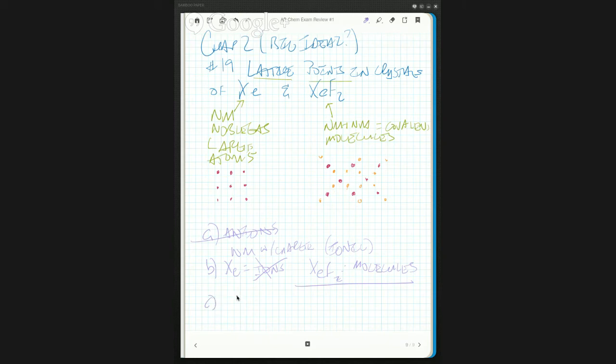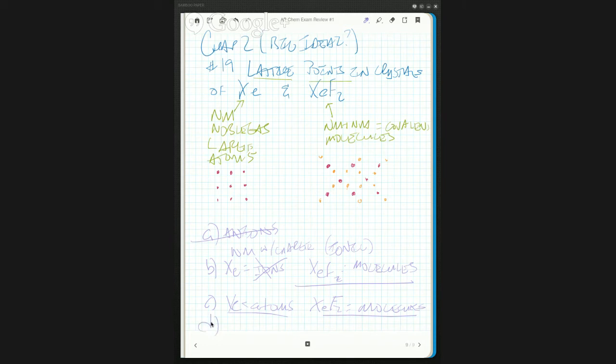C: the lattice points in xenon are occupied by atoms, while the lattice points in xenon difluoride are occupied by molecules. So xenon equals atoms, and xenon difluoride equals molecules. Based upon our conversation so far, these are both correct. I'm leaning towards giving C the nod.